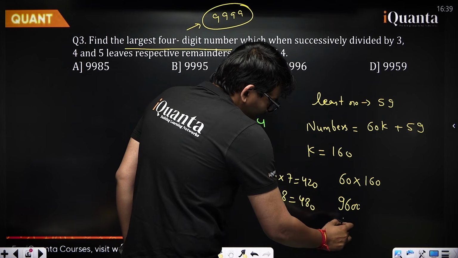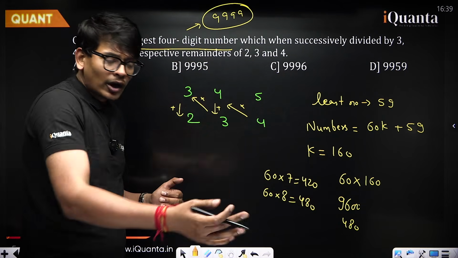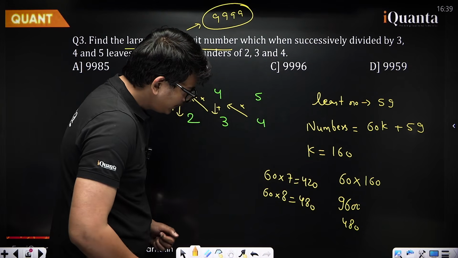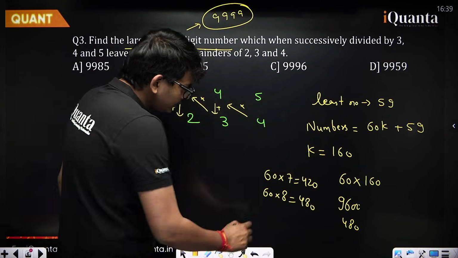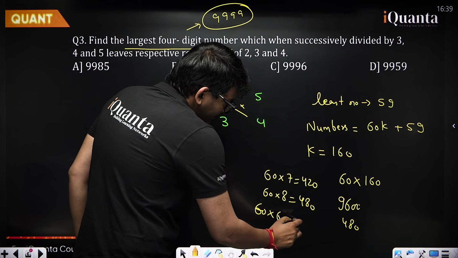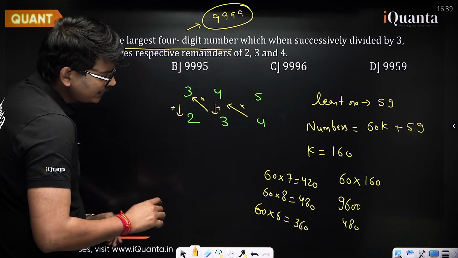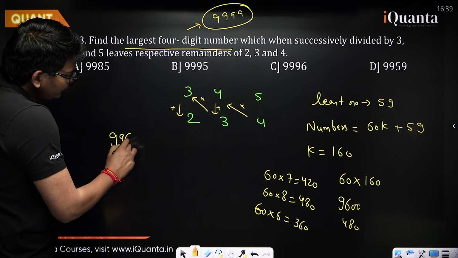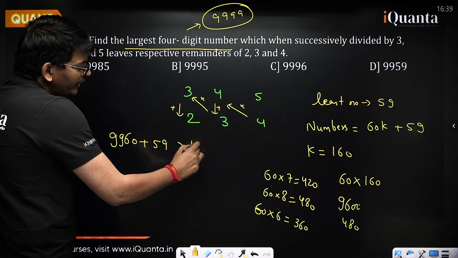If I add 480 to this, I will get a number more than 10,000. If I add 420, again the number will be more than 10,000. 60 into 6 is 360. So if I add 360, 9600 plus 360 is 9960. And 9960 plus 59 is again more than 10,000.